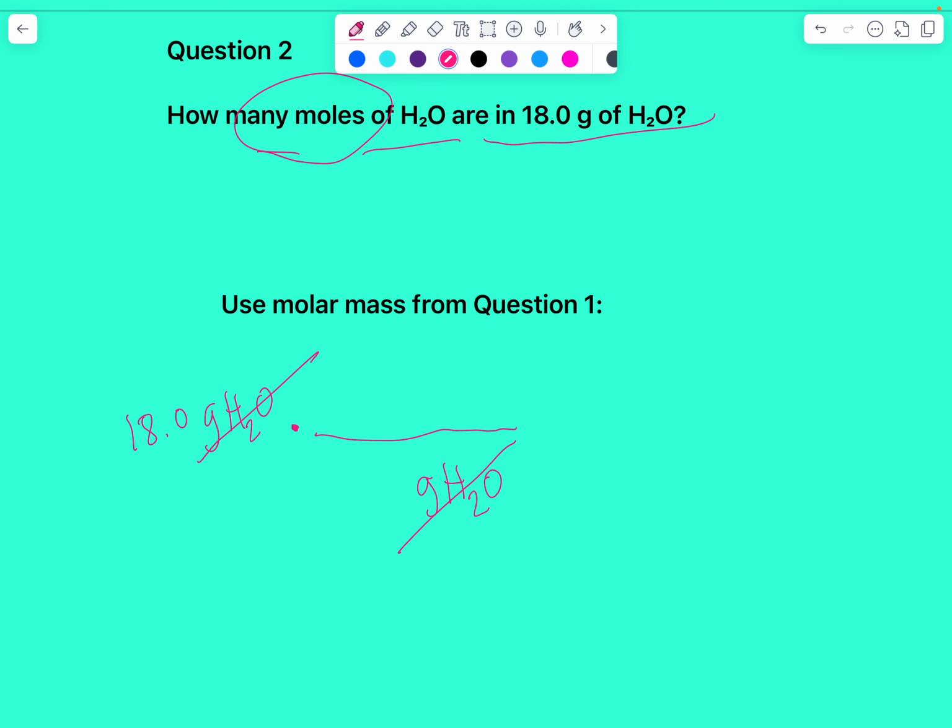So we know that we have 18.02 grams of H2O, because of the molar mass from question 1, and for 18.02 grams of H2O, it's 1 mole of H2O. So those cancel out. You have 18 divided by 18.02, which is almost 1, but it's 0.999 moles of water.